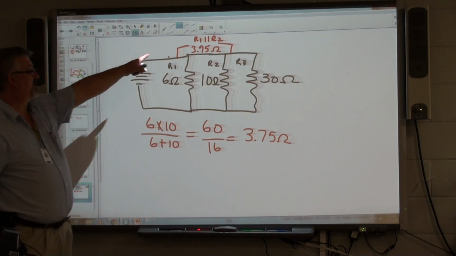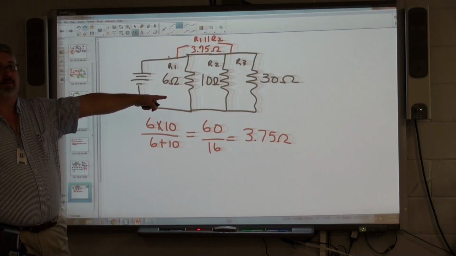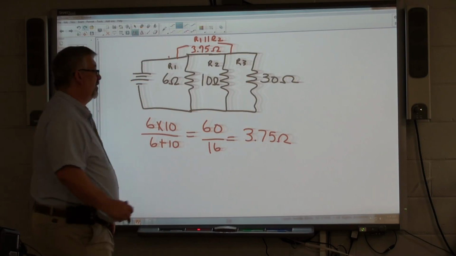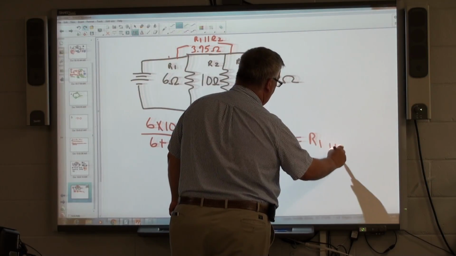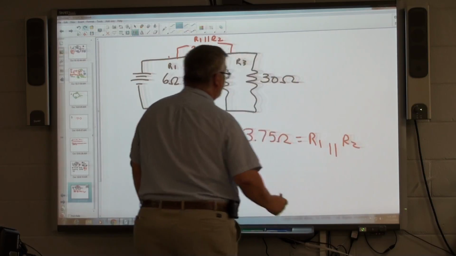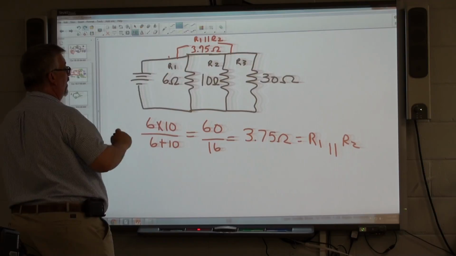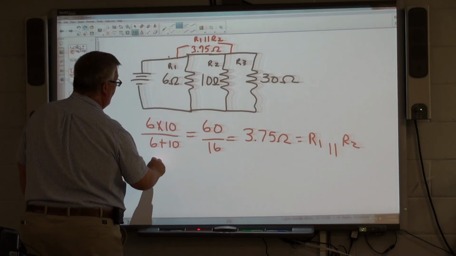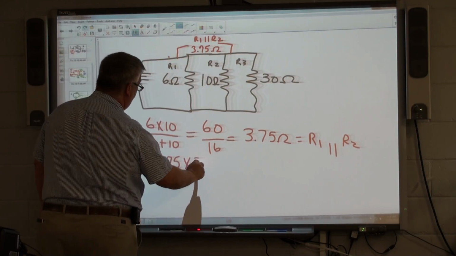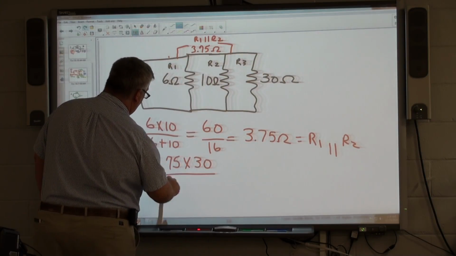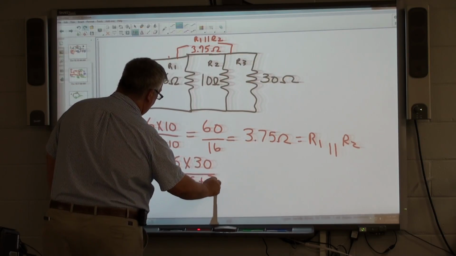So when we parallel this 3.75 and this 30, what's it got to come out lower than? 3.75. So this is equal to R1 parallel with R2. Now we're going to do this R1-parallel-R2 value with the 30 ohm. So we're going to say 3.75 times 30 over 3.75 plus 30.